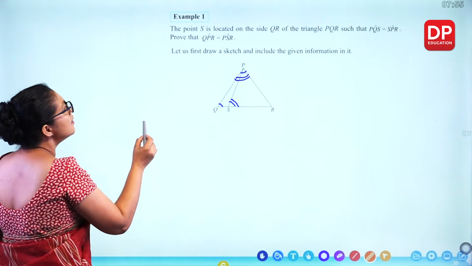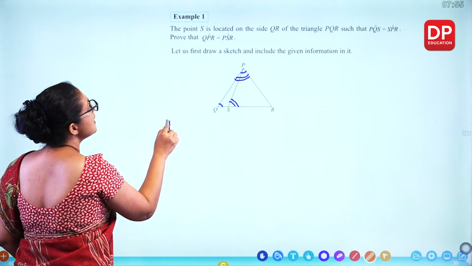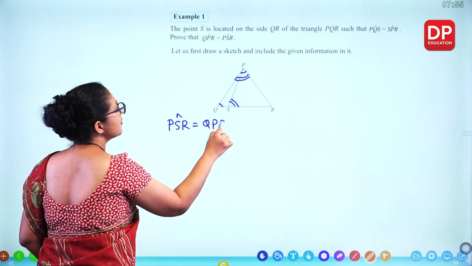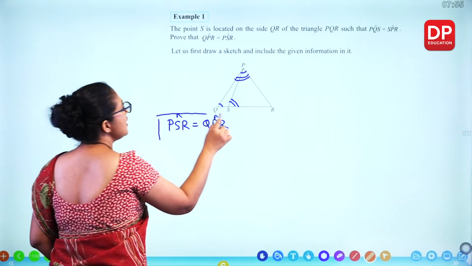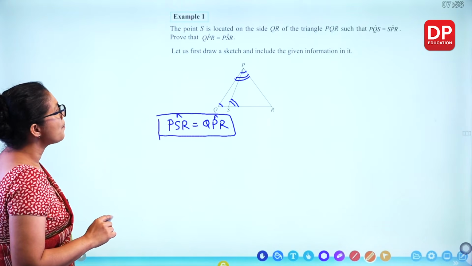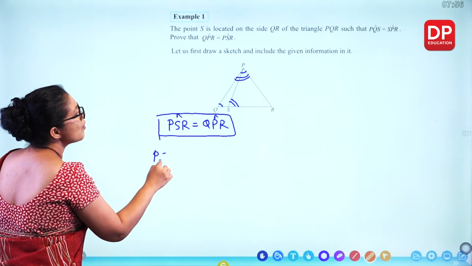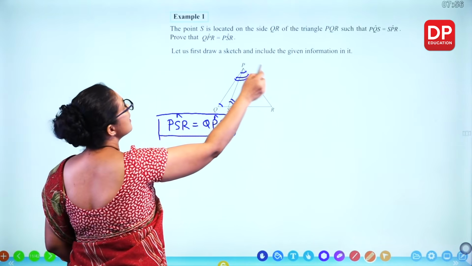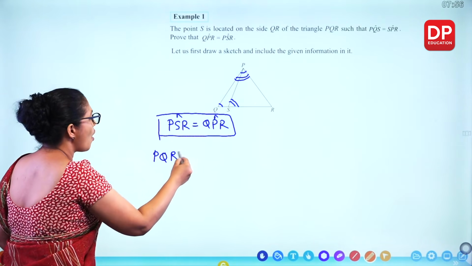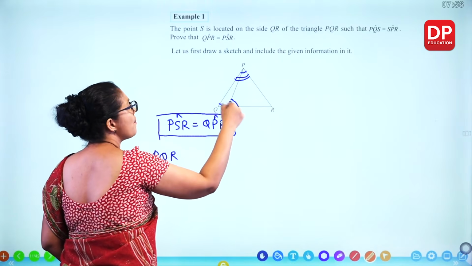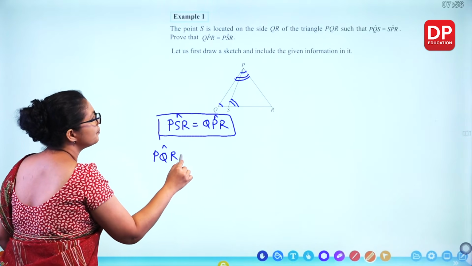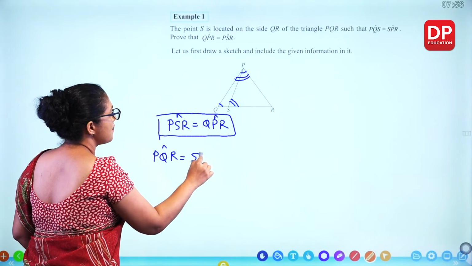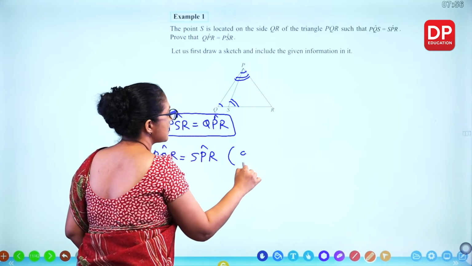So here we need to show PSR angle is equal to QPR. But we know PQR or PQS, same angle, is equal to SPR. That's given.